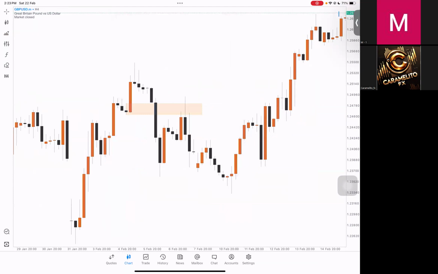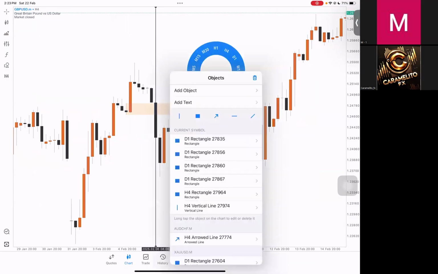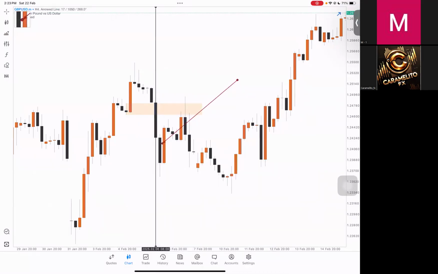All right, same situation. If you already have engulfing buy, if you already saw the breakout, straight away put one straight line. Now you have to wait for the price to come back to your zone. It's going to take some time, maybe 8, 12, 16, 20, 24, 28 hours for the price to pull back to your zone around this area. Now you're not going to wait only on H4.